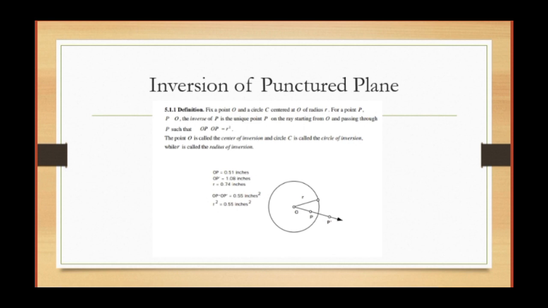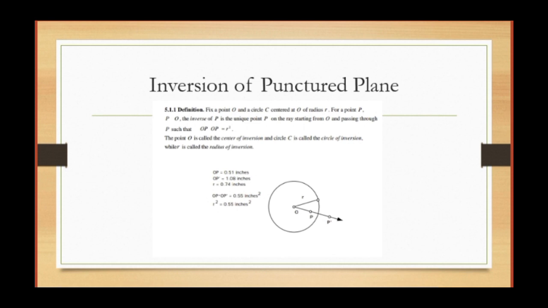Inversion in the punctured plane is a transformation that sends each point to its inverse with respect to a given circle centered at the origin. More precisely, let C be the circle centered at the origin with radius R, and let Z be a point in the punctured plane.